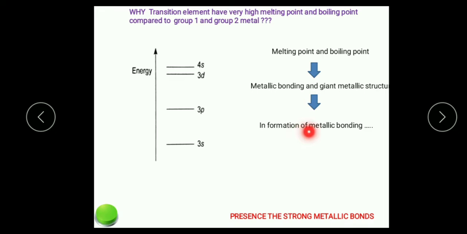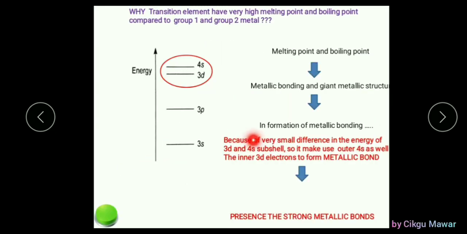In the formation of metallic bonding, because of the very small difference in the energy of the 3d and 4s subshells, it makes use of the outer 4s as well as the inner 3d electrons to form metallic bonds. This refers to the filled electron configuration, so it has orbitals here which contain electrons.